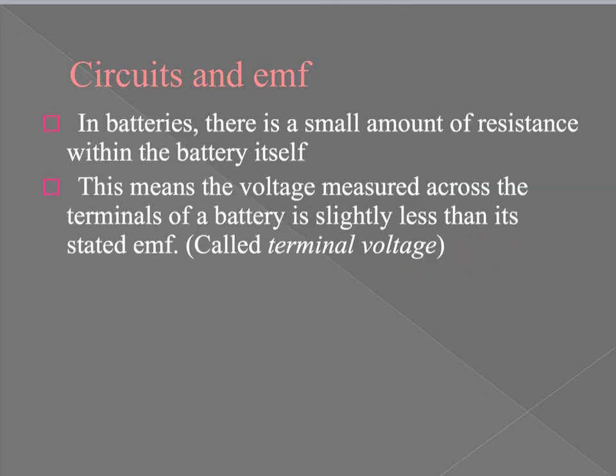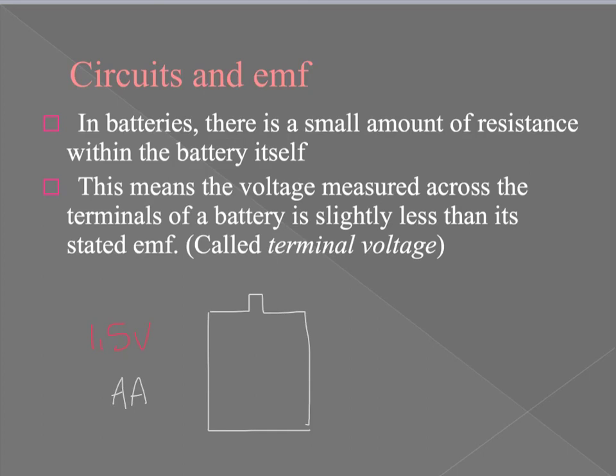Okay. So with that, I just want to differentiate and point out something here. Inside of a battery, there's actually a small amount of resistance within the battery itself, right? So if we drew a picture of a battery, and this is our AA battery or something like that, maybe it says it is 1.5 volts, okay?